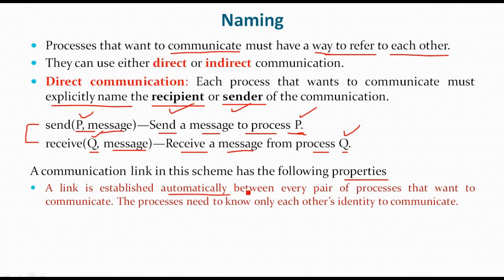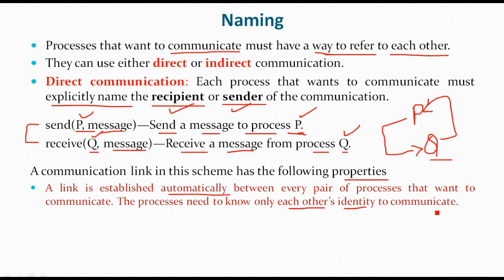The processes need to know only each other's identity to communicate. So P must know Q and Q must know P. If they know the identity of each other, they may communicate with each other.